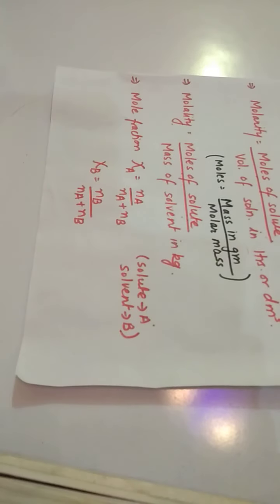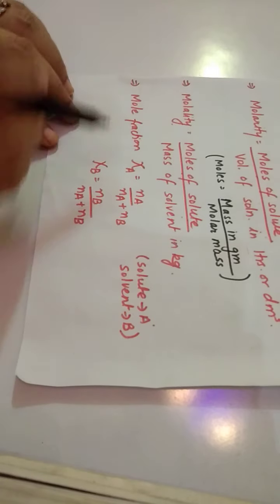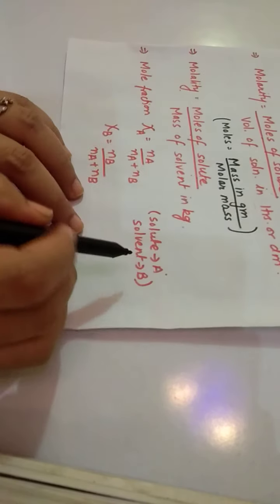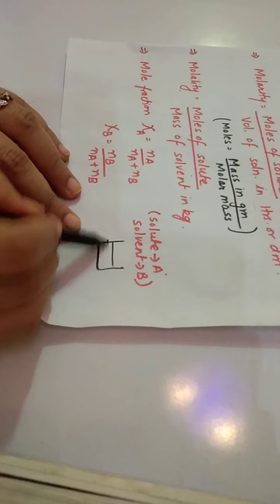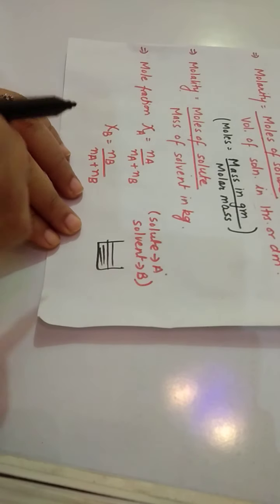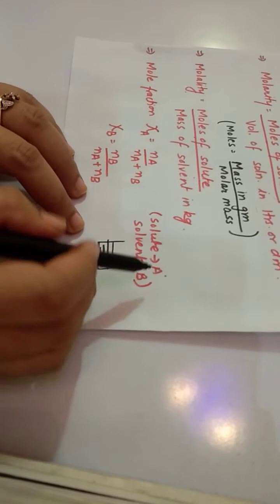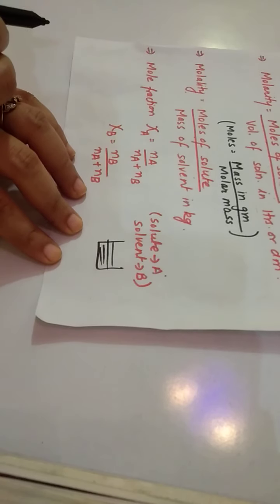Now the next one is mole fraction. Suppose you have a solution and in the solution you have sugar in water. So sugar is a solute and water is a solvent.